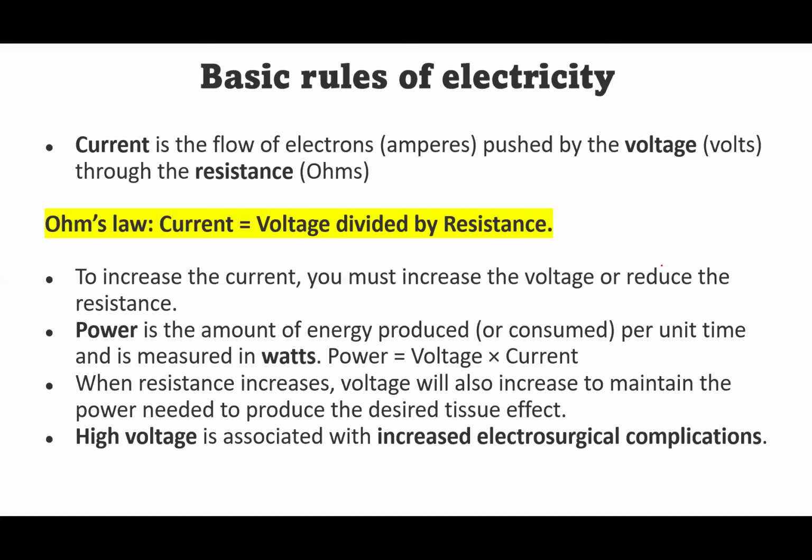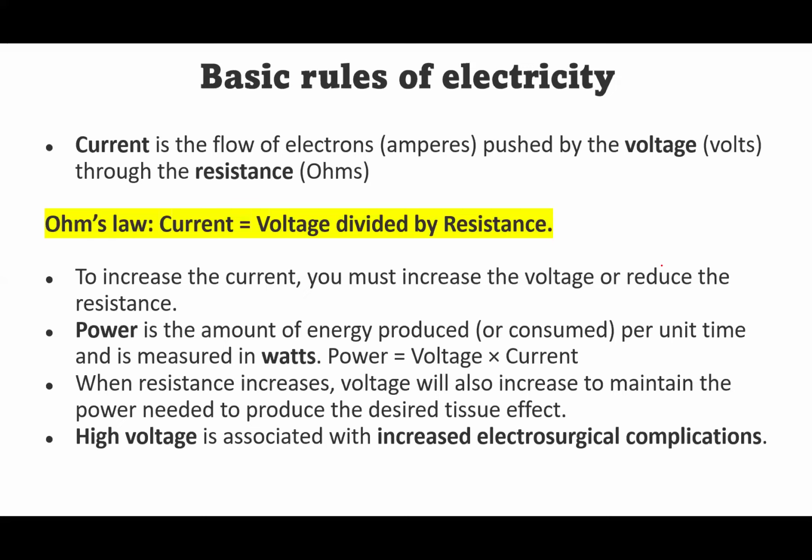Now, when resistance is increased, voltage will also increase to maintain the power needed to produce the desired effect. And of course, the tissues of the body have varying resistance.